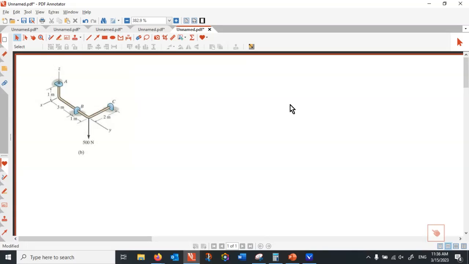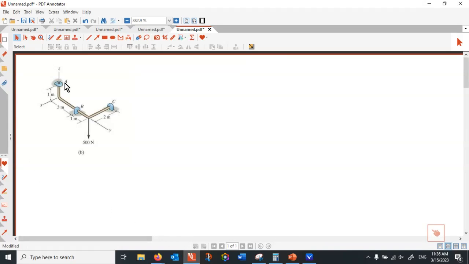So I want you to think about what forces develop here. Because the only force we have is vertical, the reaction forces at C, B, and A are going to be z forces.